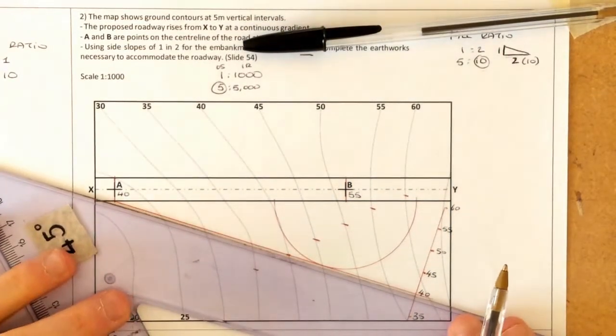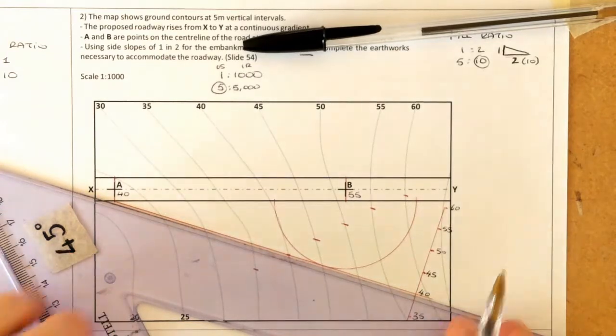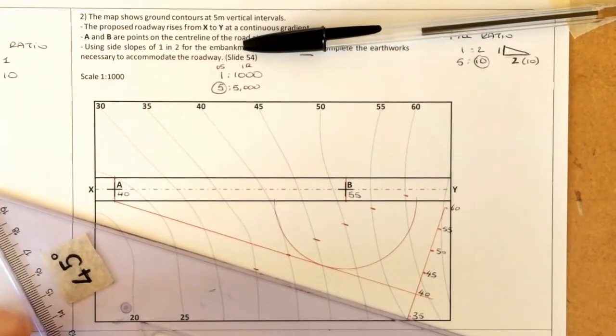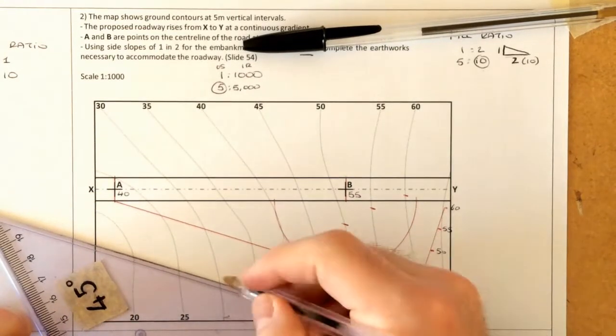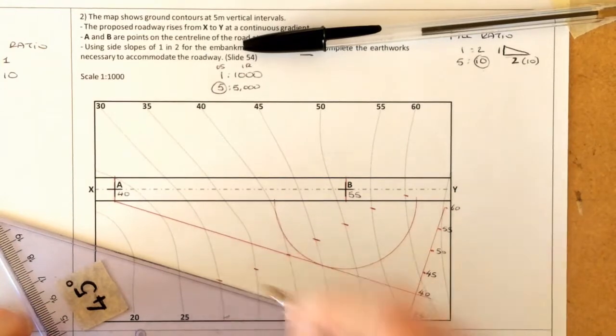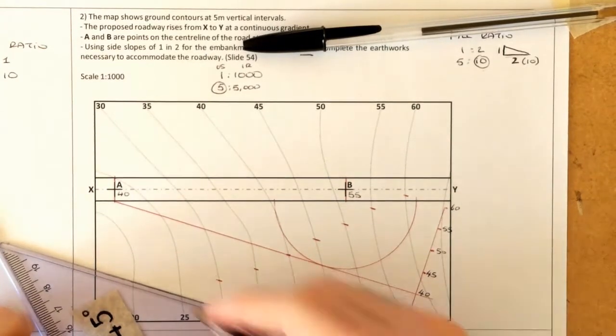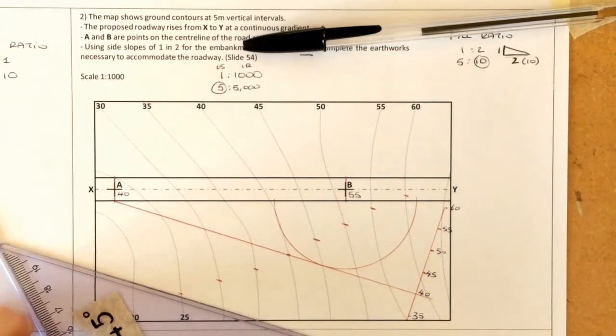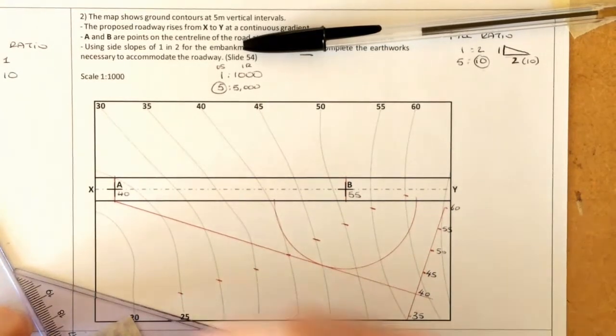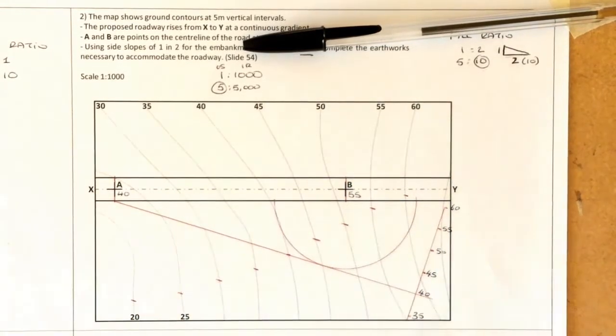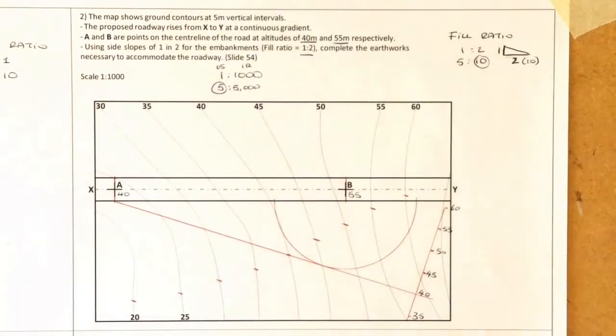So I'm stepping down. I know it's slightly out of camera shot. So there's the 35, down to the 30, 25, and I have one more, 20. Okay, so there's all my marks there, so I'll quickly sketch that in.